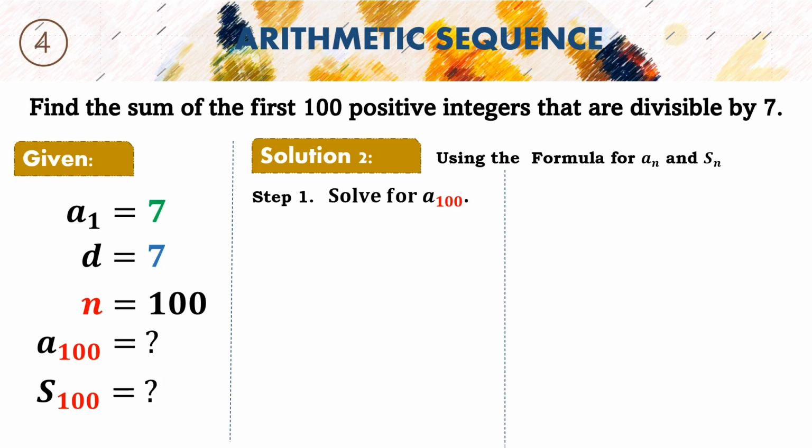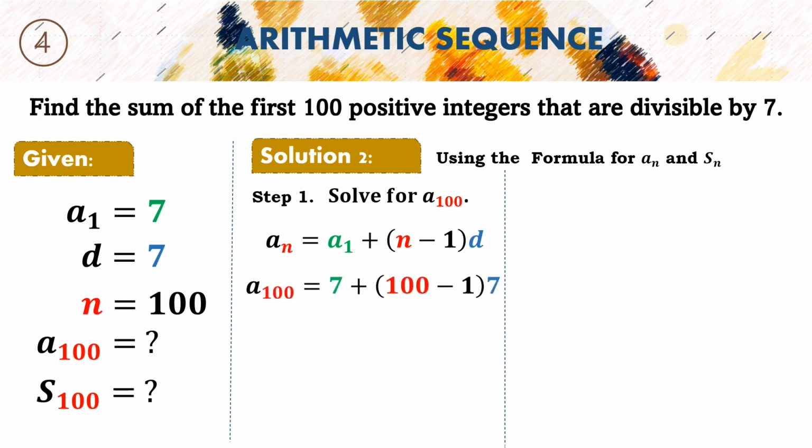That's a sub n equals a sub 1 plus quantity n minus 1 times d. A sub 100 equals 7 plus quantity 100 minus 1 times 7. We have 7 plus quantity 99 times 7. Therefore, a sub 100 is 700.